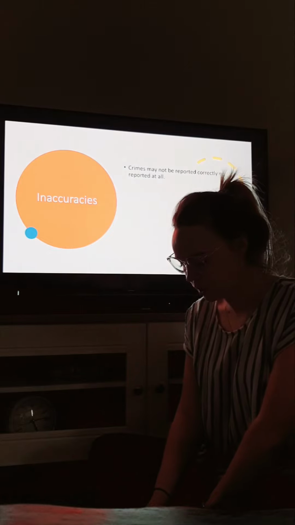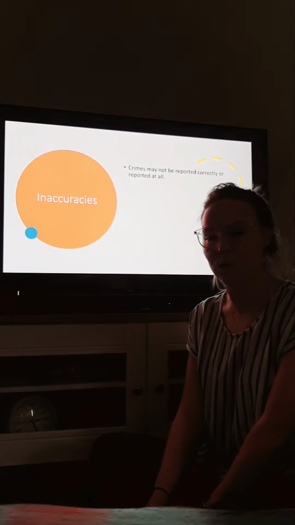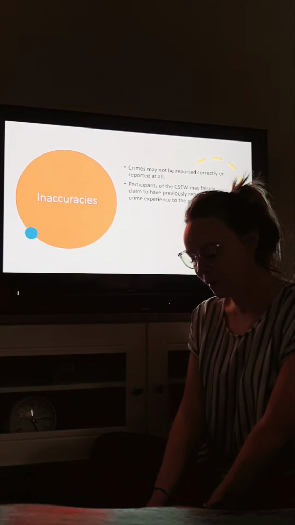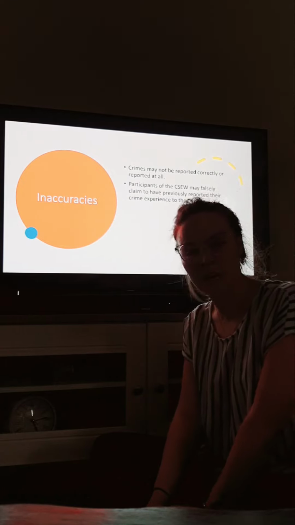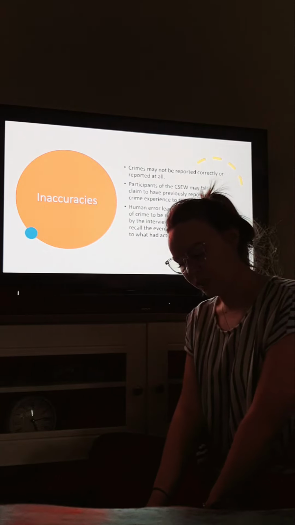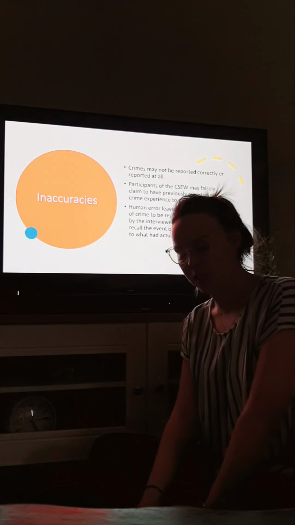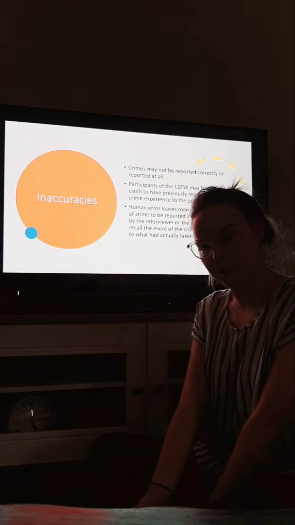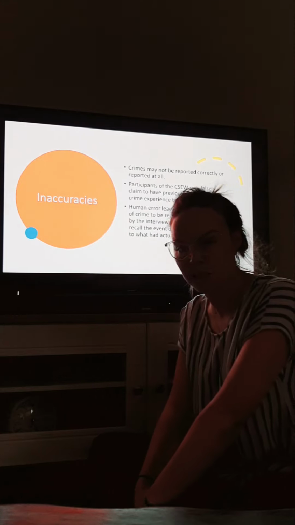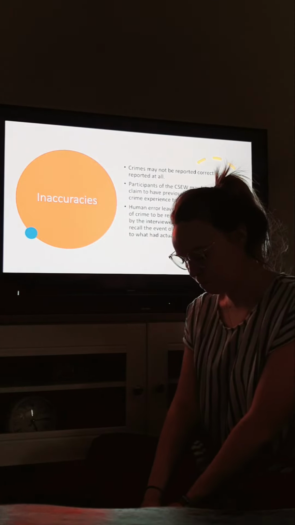Inaccuracies. Crimes may not be reported correctly or reported at all. Participants of the CSEW may falsely claim to have previously reported their crime experience to the police. Human error leaves room for the details of crime to be reported incorrectly, either by the interviewer, who may mishear, or the victim, who may recall the event of the crime differently to what had actually taken place.